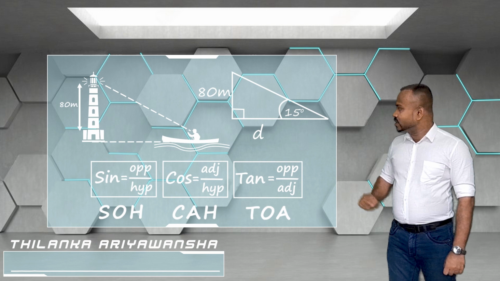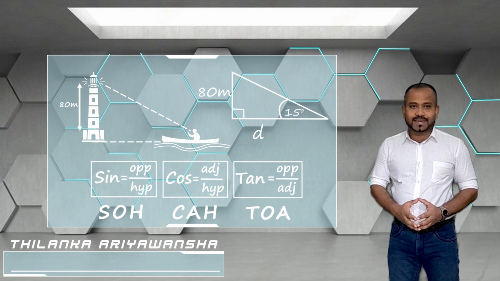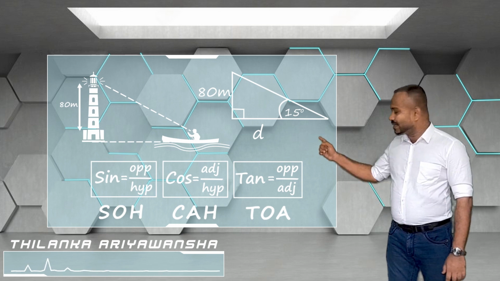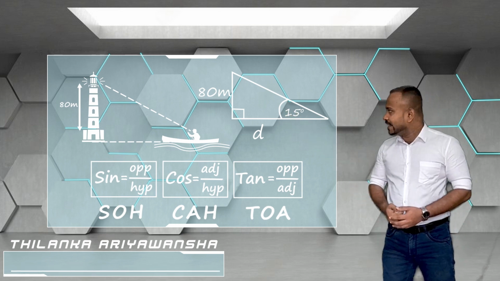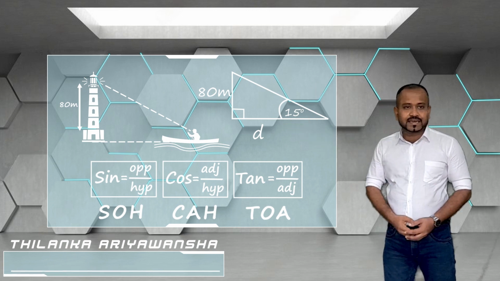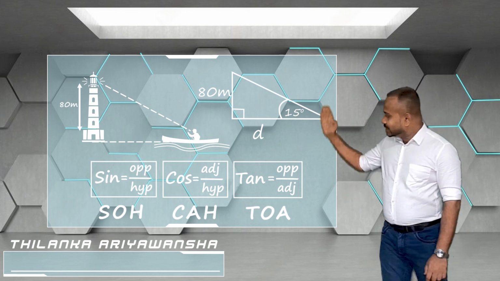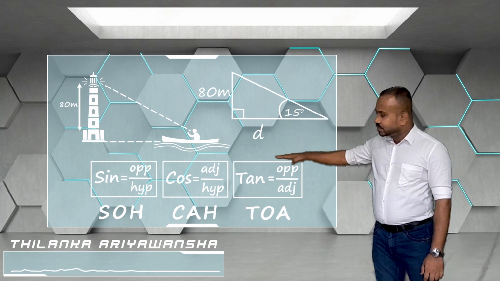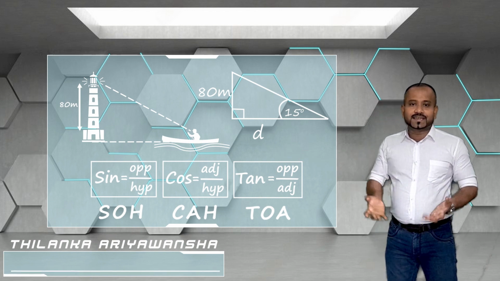Now from this one we can easily identify which ratio we are going to apply. Now you can see here, when considering this angle, the side opposite to this one we have, that is the height of the lighthouse, that is opposite. Then we have this adjacent side, that is what we are going to use here to find the length.